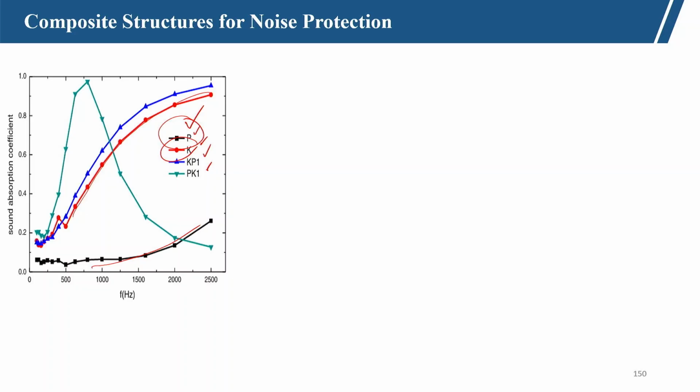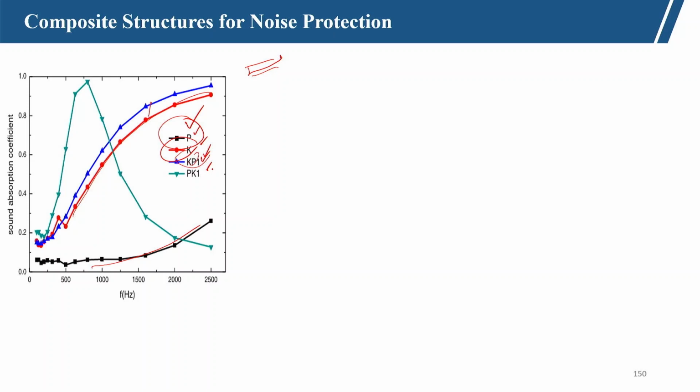But when we use the combination of kapok and at the bottom we keep only the polypropylene, so kapok nanoven and polypropylene, then we found that there is an increase in sound absorption coefficient.